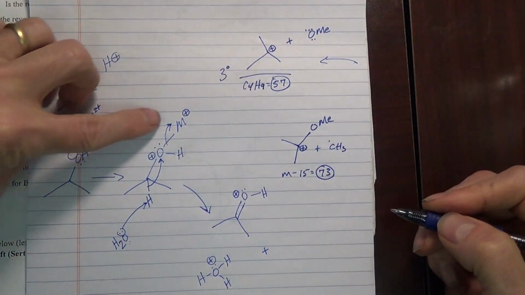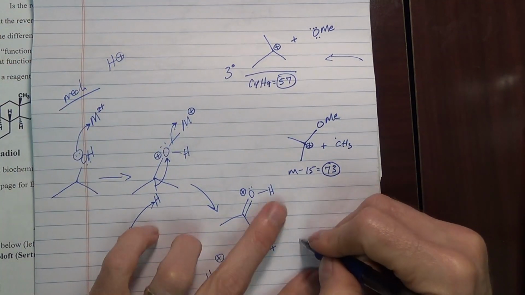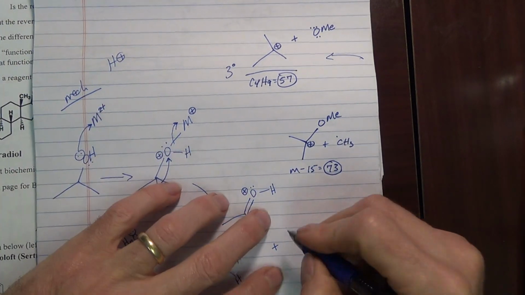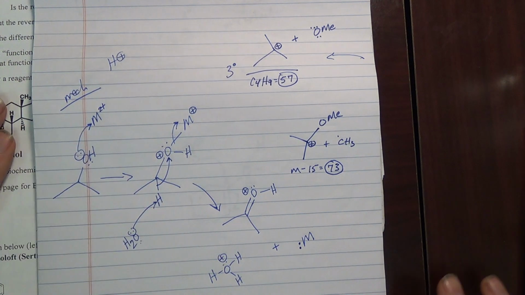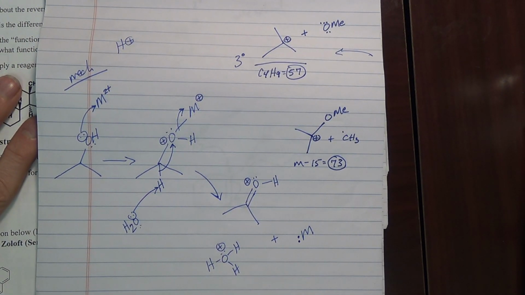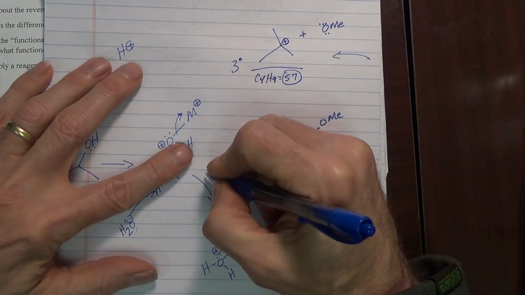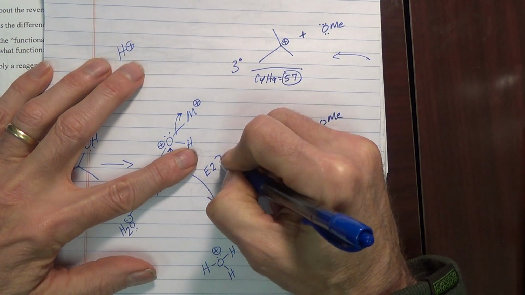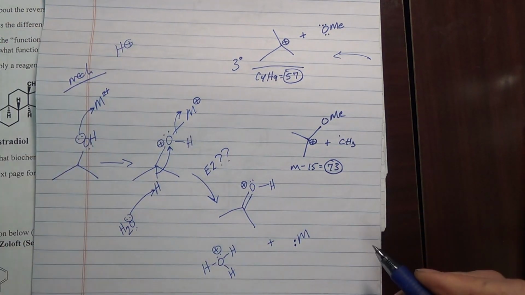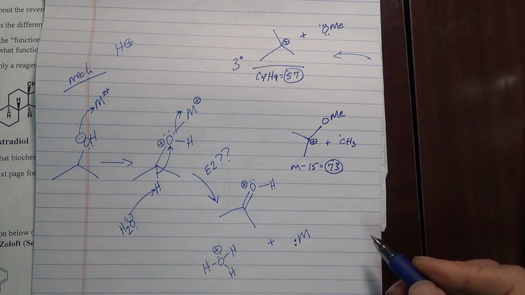And what's up with the metal though? The metal, now these electrons move on to the metal as a lone pair. Now what I showed here sort of looks like an E2. E2 elimination, put in a double bond. And you're like, well, can you do E2?